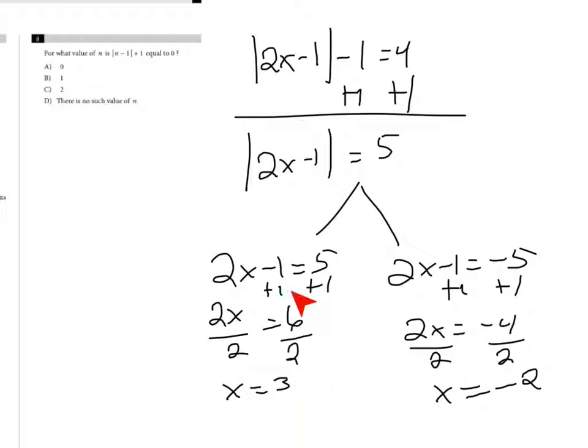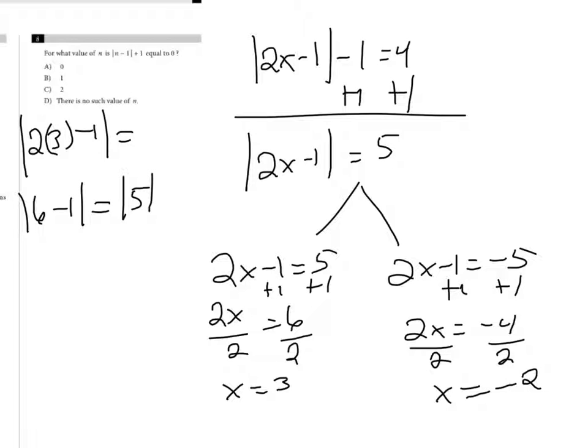Let's try it out real quick. But instead, we'll use this equation just to make it a little simpler. So we'll do absolute value of 2 times 3 minus 1. Absolute value of 6 minus 1. And that equals absolute value of 5, which equals 5. So this looks like x equals 3 works.